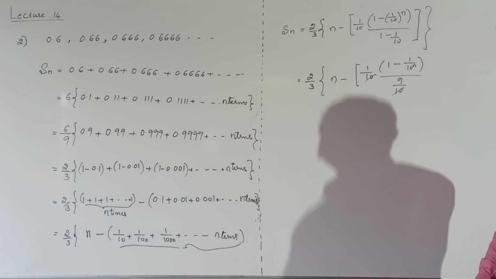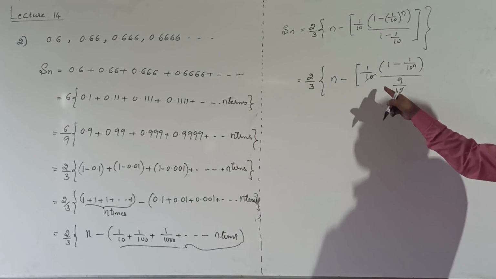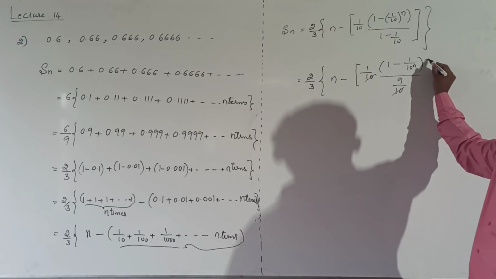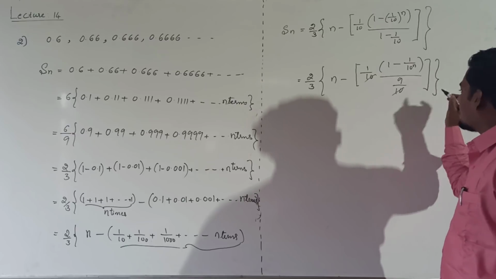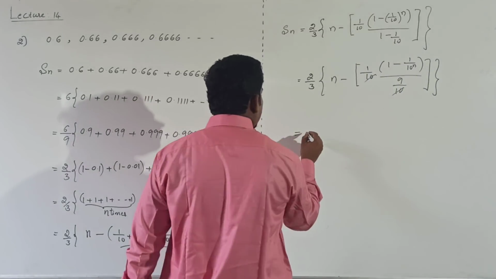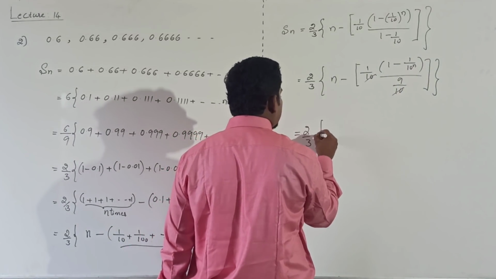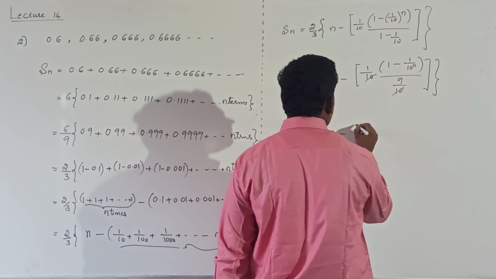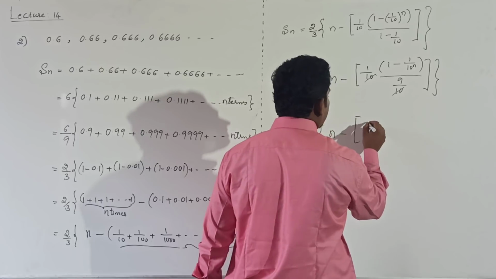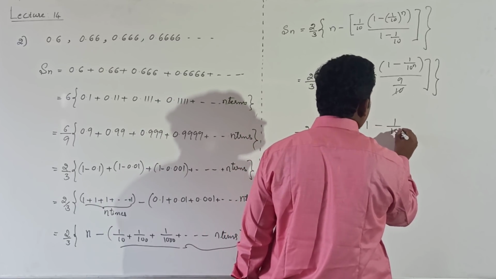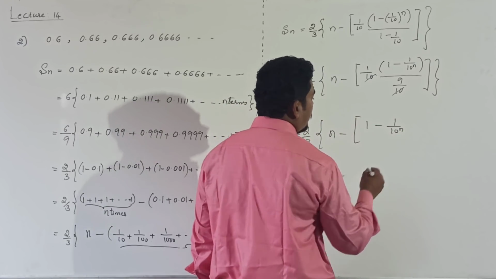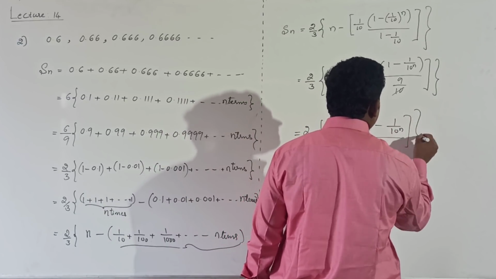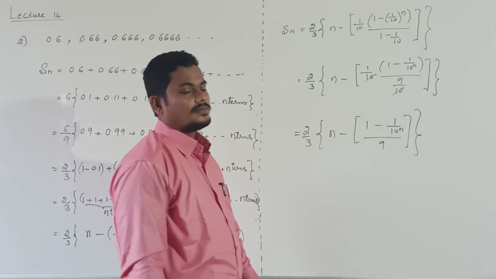The 10 gets cancelled, or else the denominator of the denominator becomes the numerator. Next, 2 by 3 in bracket n minus (1 minus (1 divided by 10) power n) divided by 9. This is our required sum.